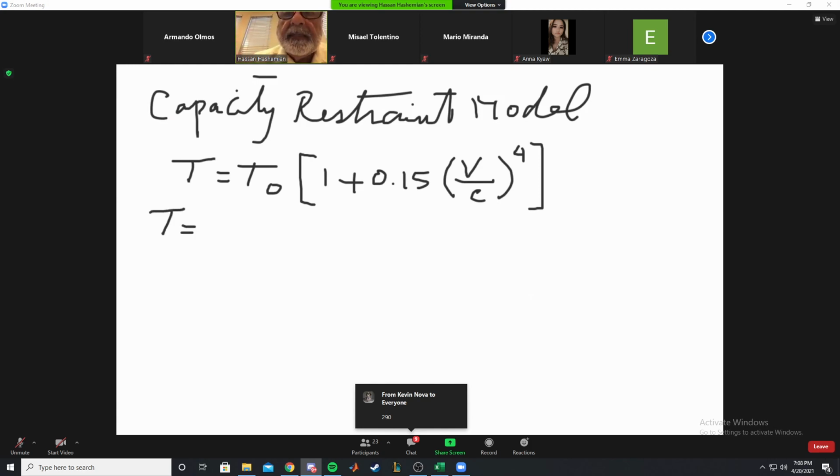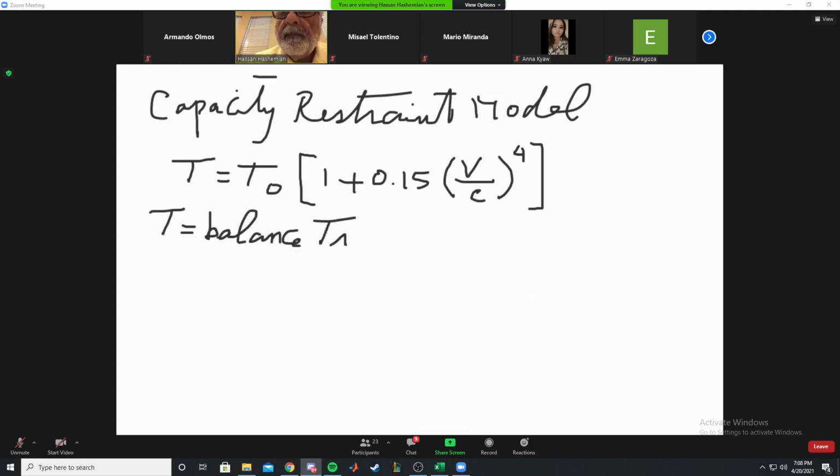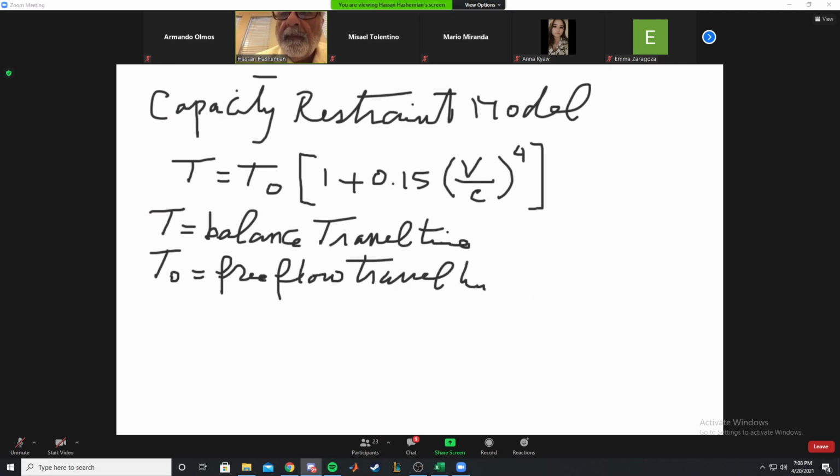The T is the balanced travel time, and T0 is the free flow travel time. Free flow means that there are not many cars on the roadway. And V is the assigned volume, like the 3,000 we just talked about. And C is the capacity.